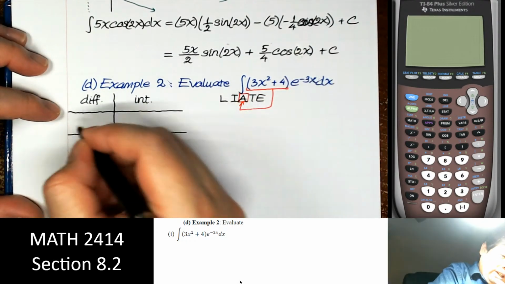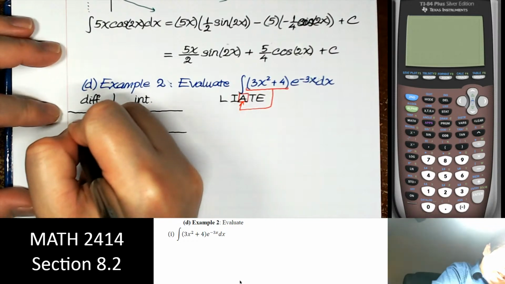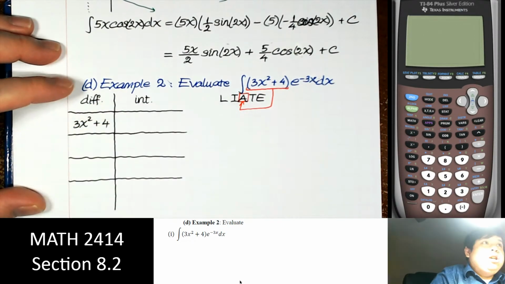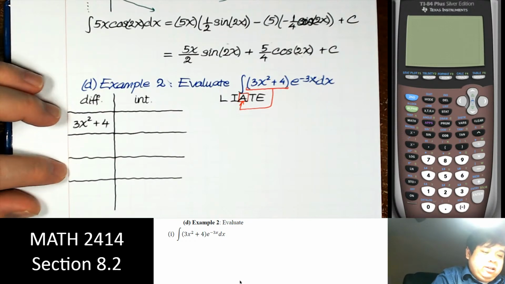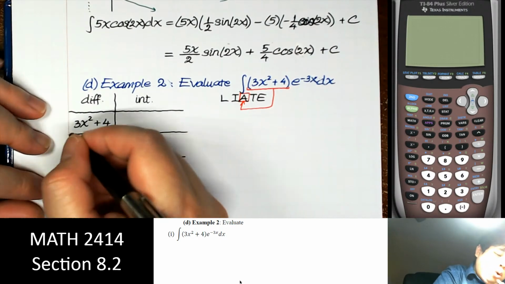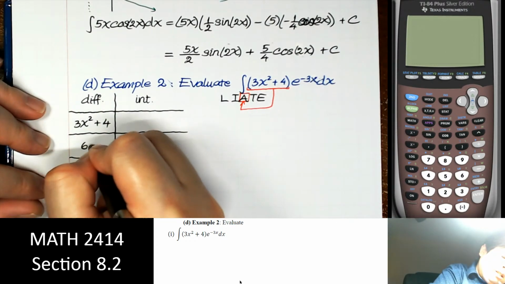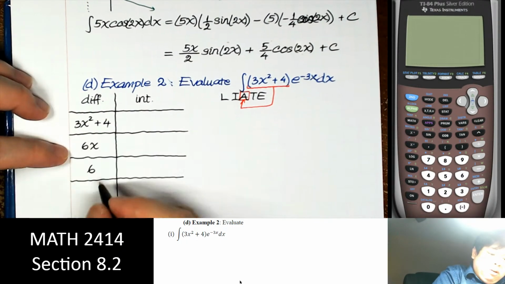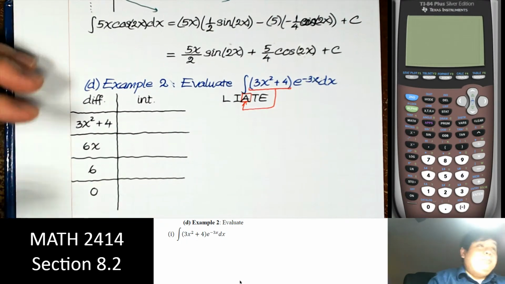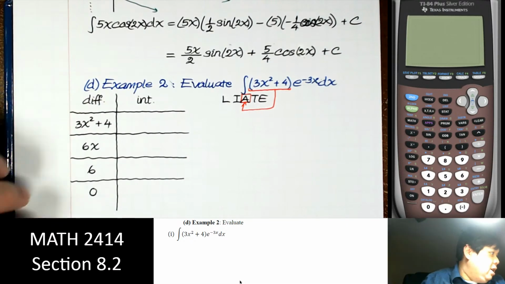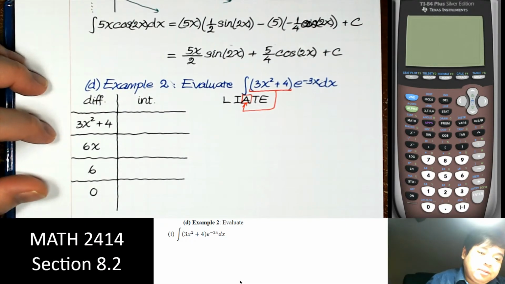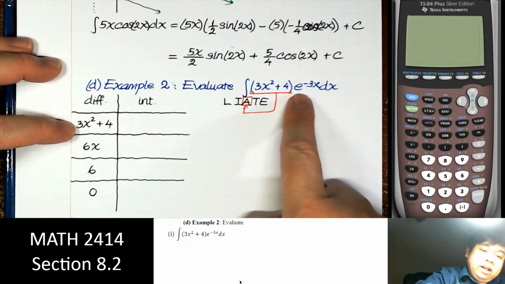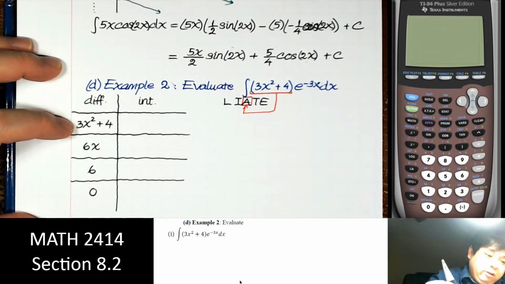Right, so we have 2x squared plus 4, and we just keep taking derivatives. Derivative of 2x squared plus 4 is 4x. Derivative of 4x is 4. Derivative of 4 is 0. Just keep taking derivatives successively. So that is u, and the term to be integrated is going to be e to the negative 3x.